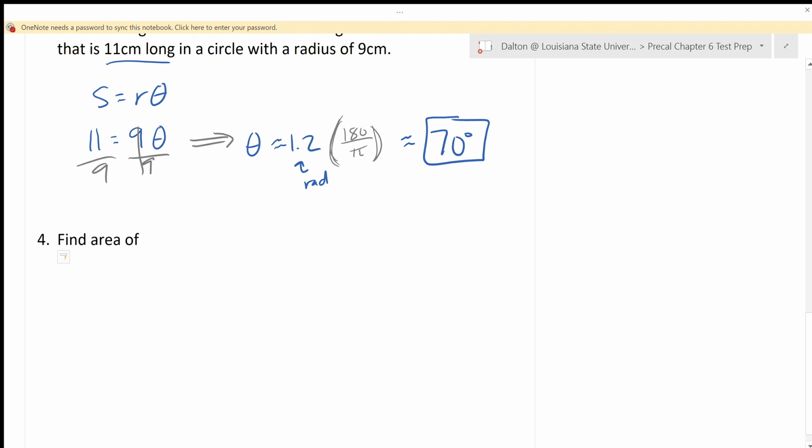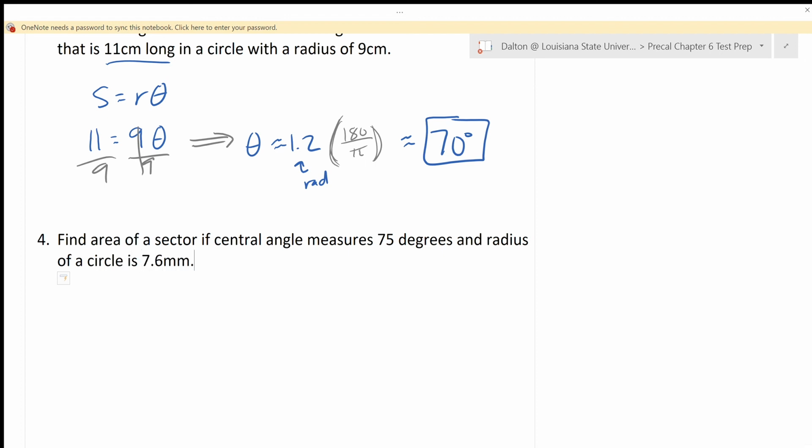Find the area of a sector if the central angle measures 75 degrees and the radius of the circle is 7.6 millimeters. So I've got area of a sector, which means we're dealing with A equals 1/2 r squared theta. It says the central angle measures 75 degrees, the radius is 7.6.